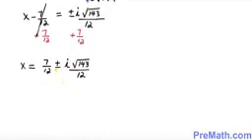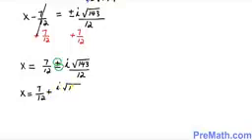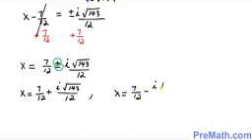Or you can, if you want to, split them up along these positive and negative signs. You can do so as well. So I can put down x equals 7 over 12 plus i square root of 143 divided by 12, and the second solution is x equals 7 over 12 minus i times square root of 143 divided by 12.